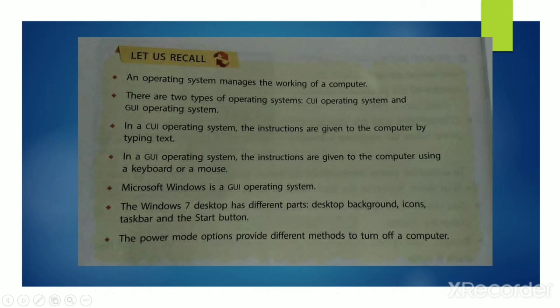Microsoft Windows is a GUI operating system. The Windows 7 desktop has different parts: desktop background, icons, taskbar and the start button, etc. The power mode options provide different methods to turn off a computer.